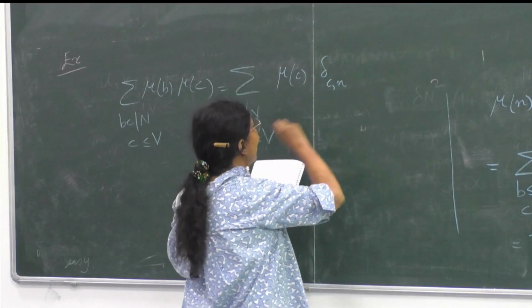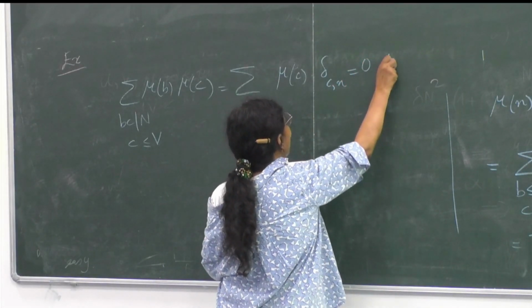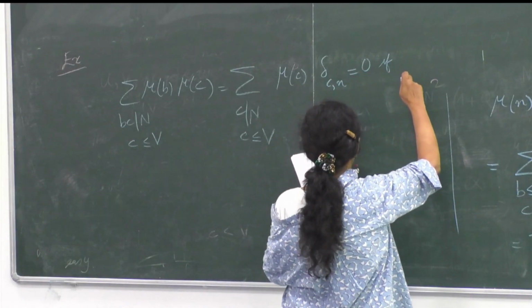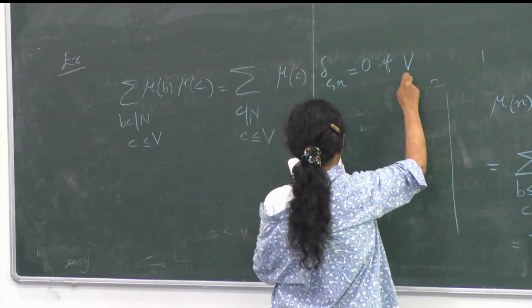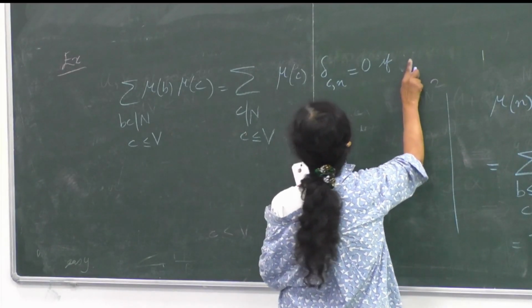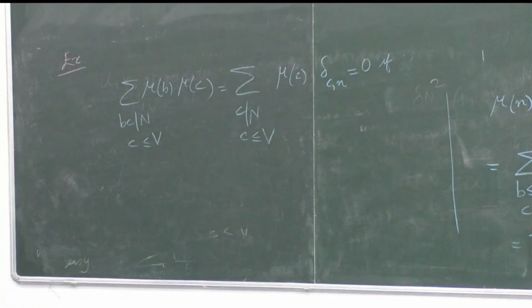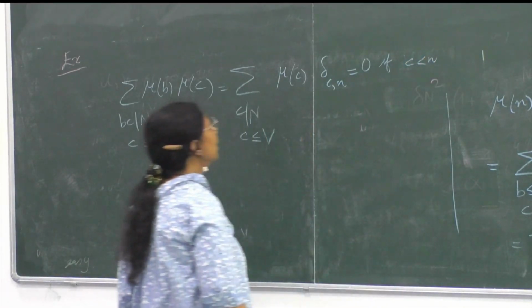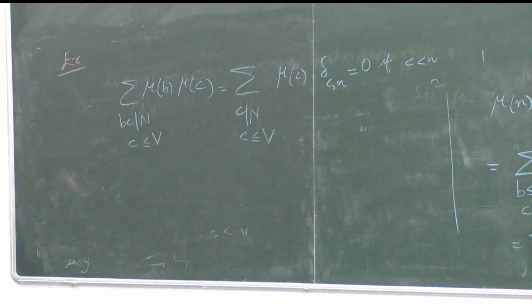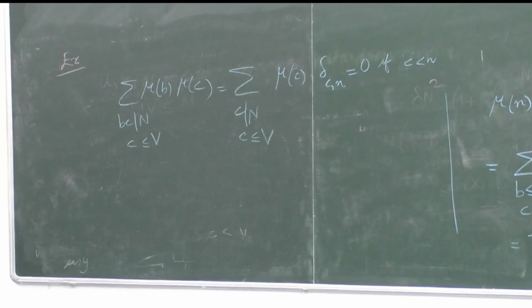And this is equal to 0 if c is less than n, because if c is equal to n, then, where's my capital N?